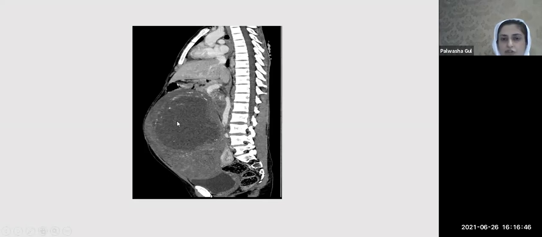So this again was a dysgerminoma. I just wanted to give you a concept that you can very confidently say that this is a dysgerminoma once you know the demographics of the patient, once you know this is not a fibroid, and once you know that CA-125 levels are within normal limits, okay?